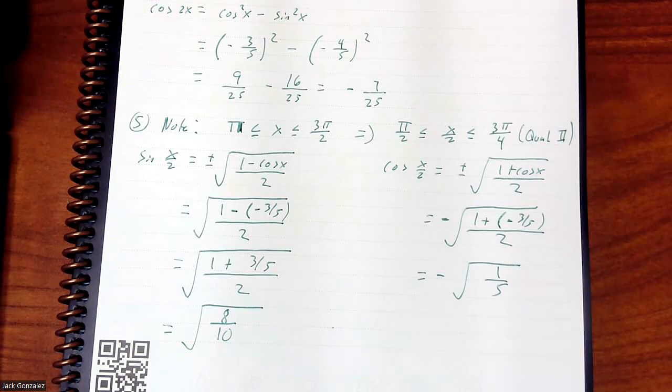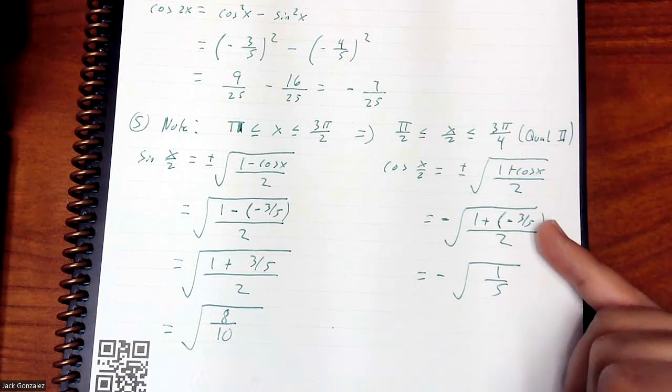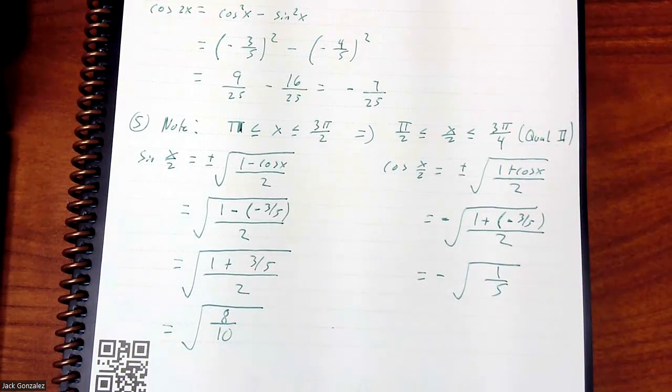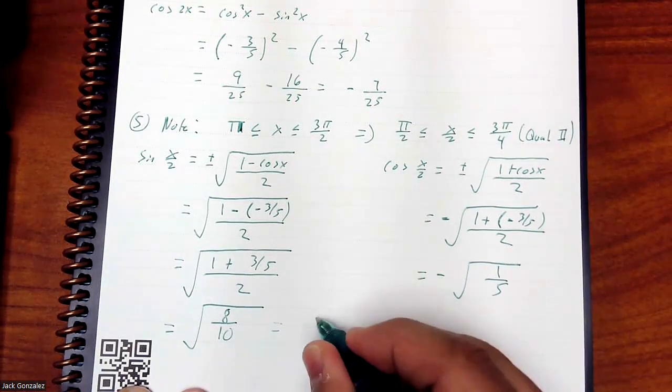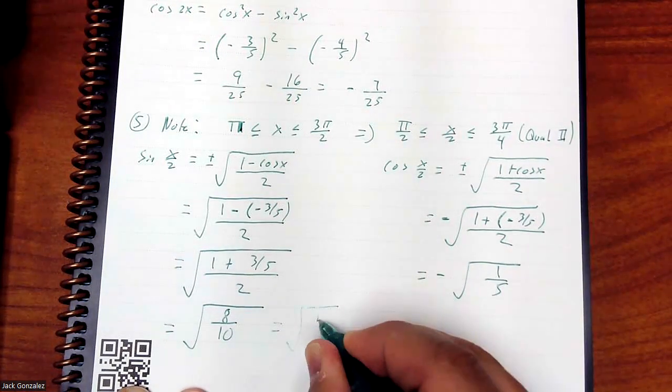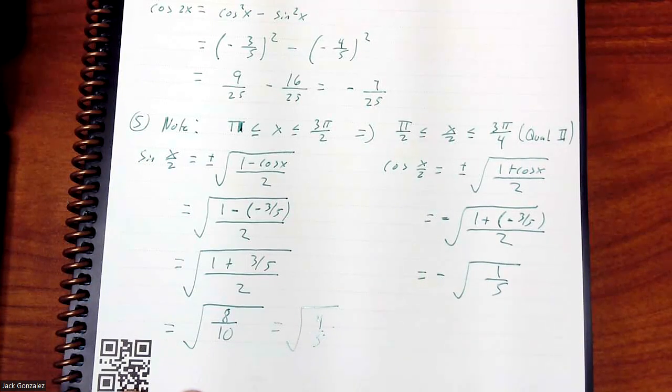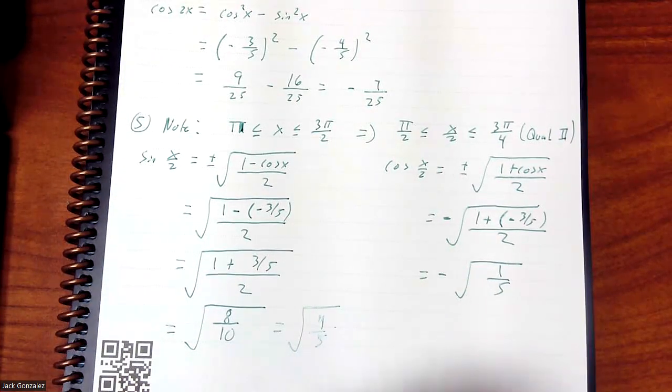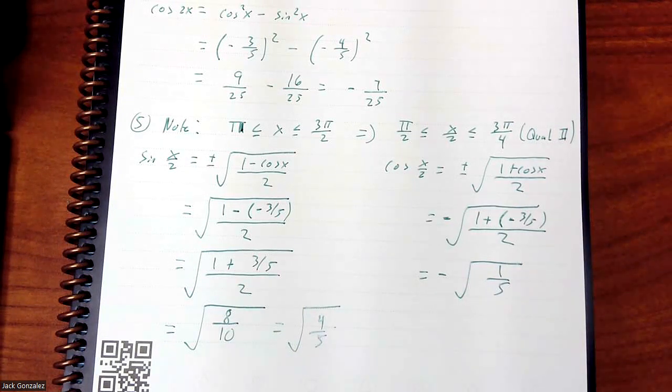On the inside there should be this. So this 2 cancels. Oh, that's one, like how you reduced, right? Okay. Yeah, I reduced down. This one I didn't reduce. This should be 4 over 5, which then square roots to 4.